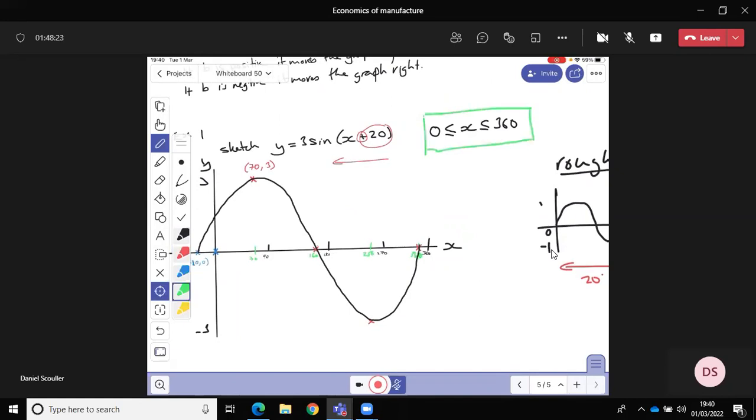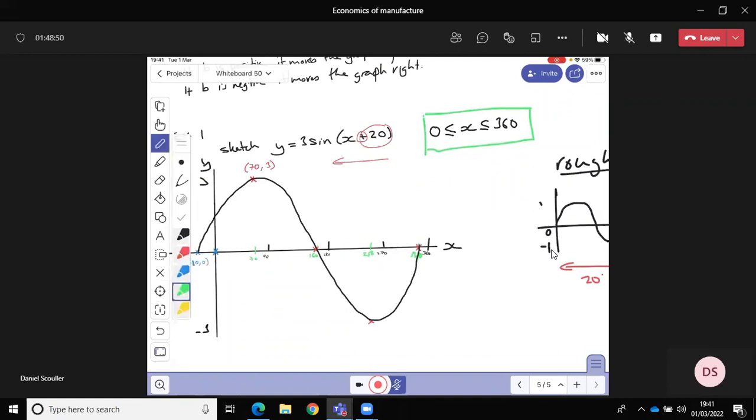It's asking us to draw it in between 0 and 360. Now we've drawn it in between minus 20 and 340, which is fine for this current position, but we need to finish at 360 because that's what the question is asking for, and we need to start at 0.